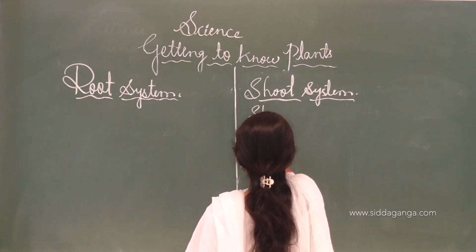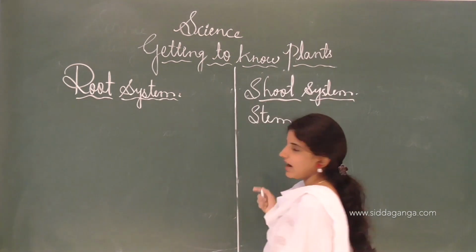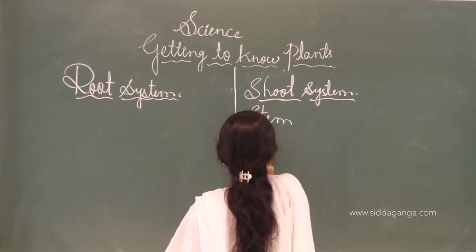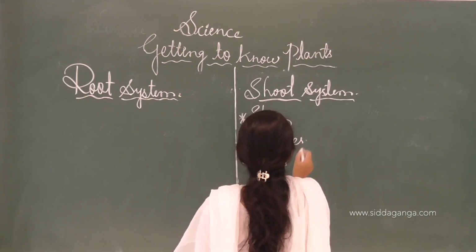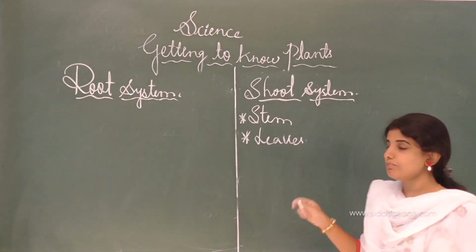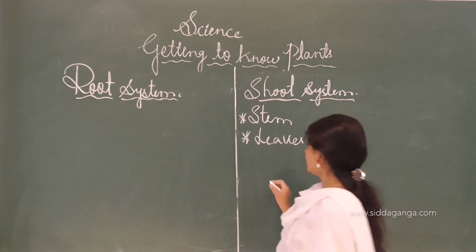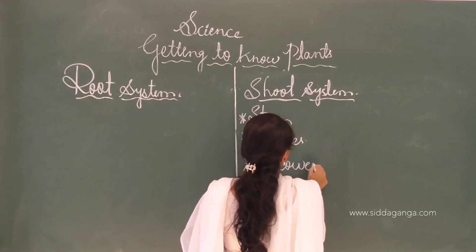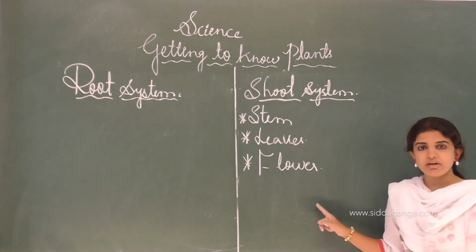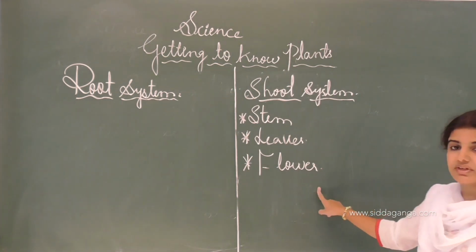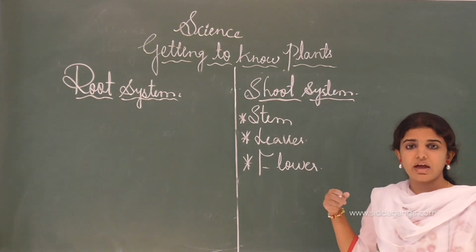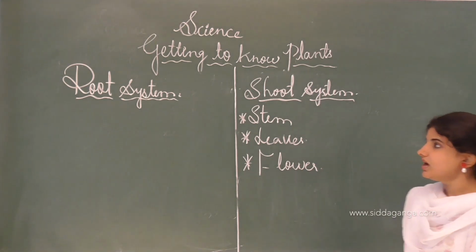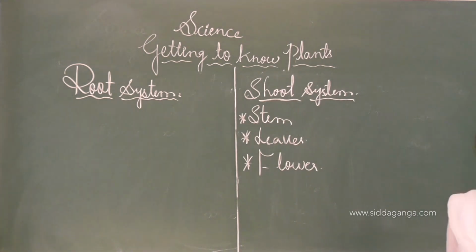Like stem, we learnt stem and its function, leaf, varieties of leaves and the parts of leaves and functions of the leaf also we learned, and the flower having different parts, each part having a function, and also the functions of the flowers we learned. And next the last one is the root system.